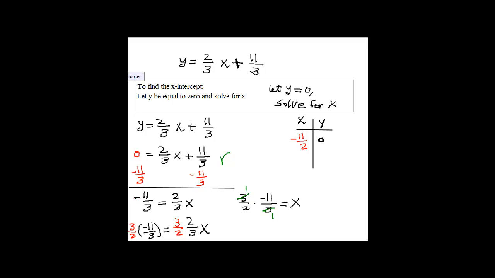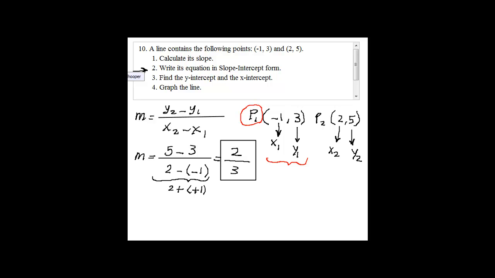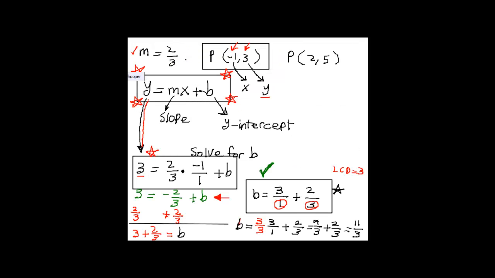Great. All right, so we have the x-intercept and the y-intercept, and what else do we have to find for this problem? Now we have to graph them. We can graph this using any 2 points, or we can use the x and y intercept that we just found.